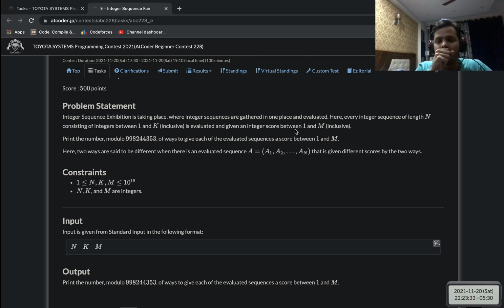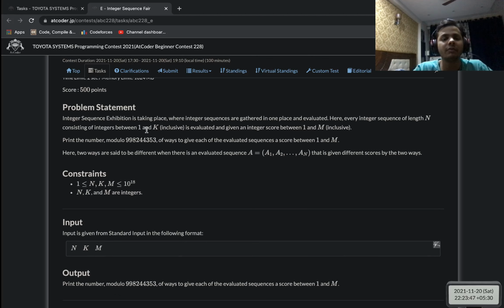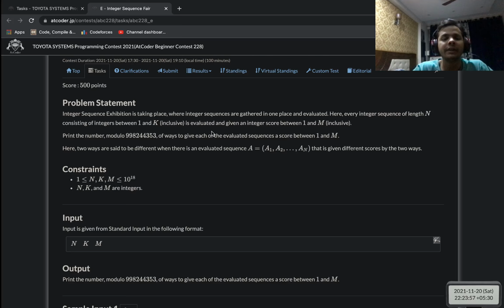So in a sense, what we have is sequences of length n, which consist of elements from 1 to k, and we are taking all such sequences, any possible sequence which is of length n and contains elements between 1 to k, and then we are assigning them a value from 1 to m.